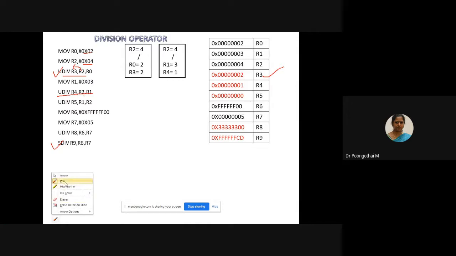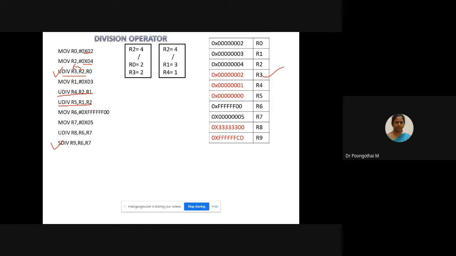So next case is the worst case example. Suppose we divide 3 by 4, what will happen? This instruction is div R5, R1, R2, that is R1 by R2.